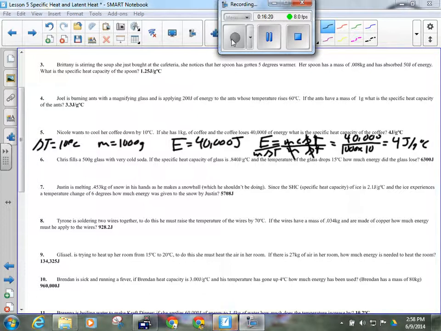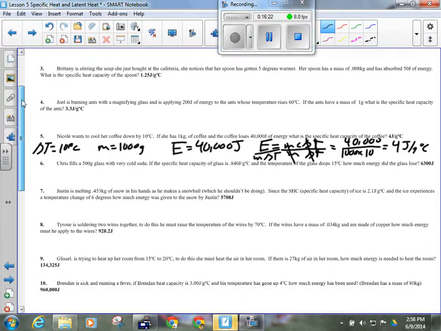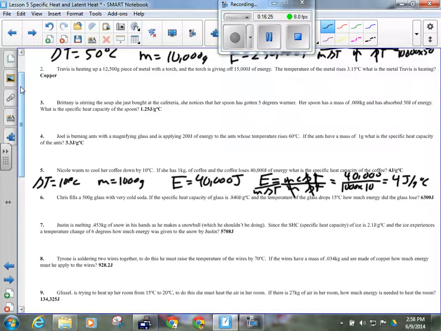Any others? Deb? 3? We're stirring soup at the cafeteria. The spoon has gotten 5 degrees warmer. Delta T, 5 degrees Celsius. Her spoon has a mass of 0.008 kilograms. If I want to convert kilograms to grams, I do what? Not divide. There should be more grams than kilograms, so I multiply by 1,000. The mass is 8 grams. It has absorbed 50 joules of energy.